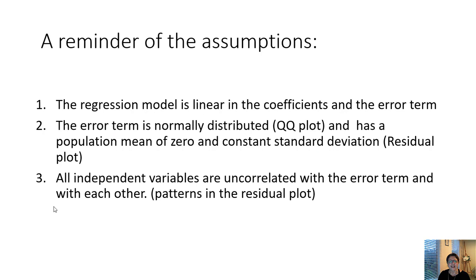So again, a reminder of the assumptions: the regression model is linear in the coefficients and the error term. The error term is normally distributed, from the QQ plot, has a population mean of 0 and constant standard deviation, from the residual plot, and all independent variables are uncorrelated with the error term and with each other.